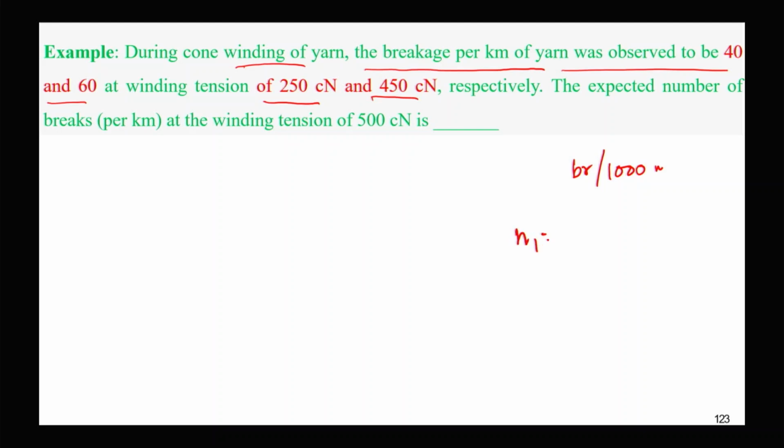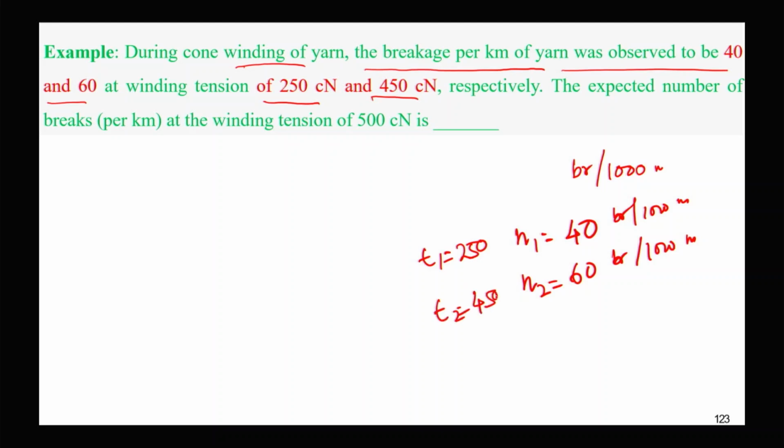So N1 is 40, N2 is 60, breaks per 1000 meter, and T1 is 250 centinewton and T2 is 450 centinewton. These are the conditions given.